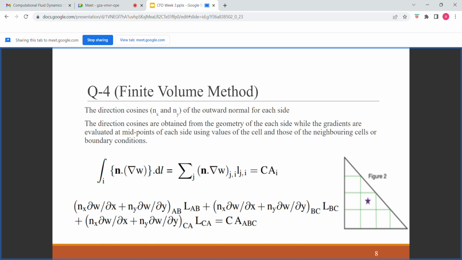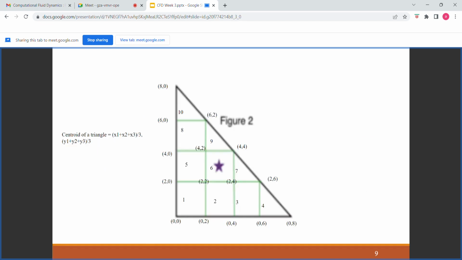So basically, the first thing is this is the given cell. For example, if a problem like this is given, we should know the midpoint or the centroid of all these cells, and for simplification purposes, we will put axis points for all these individual cells separately.